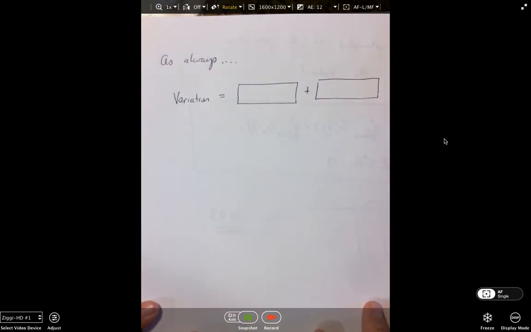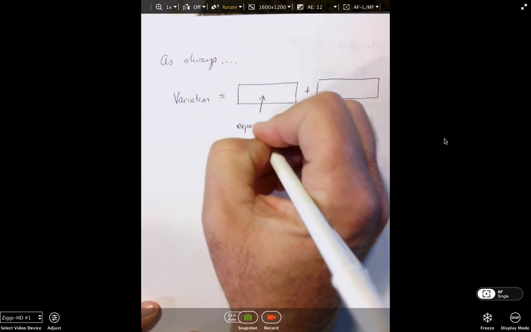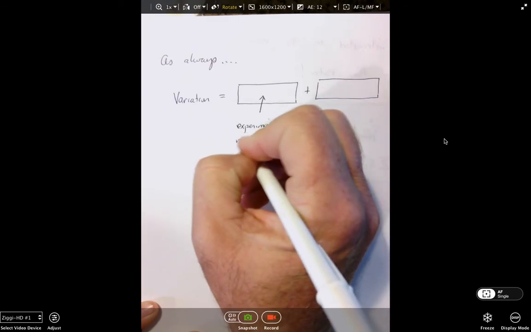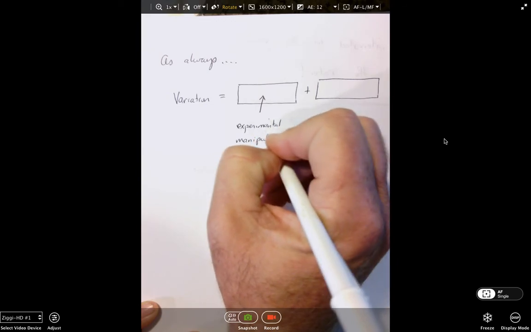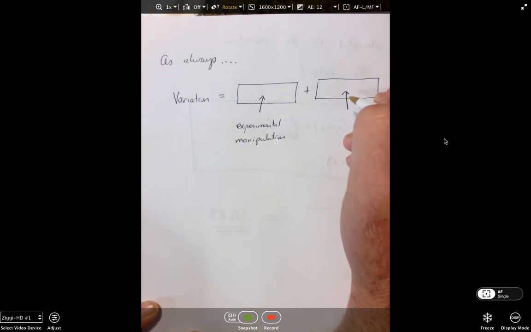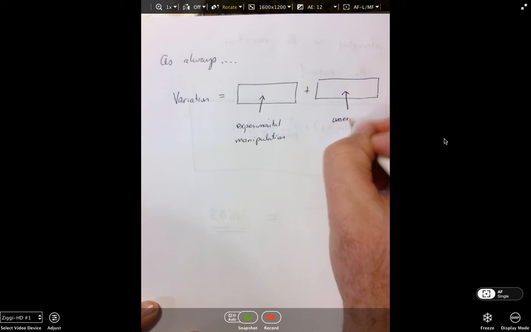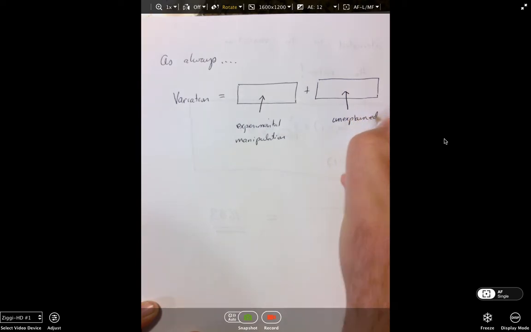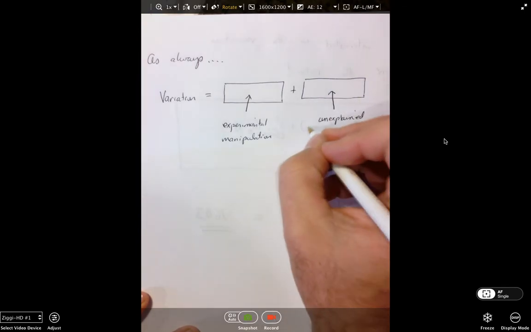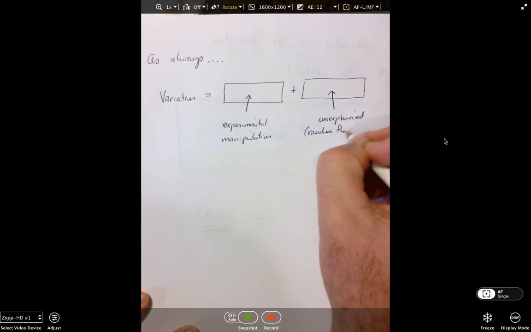Some of that variation is from the experimental manipulation. Some of that variance is unexplained and really just a source of random fluctuation.